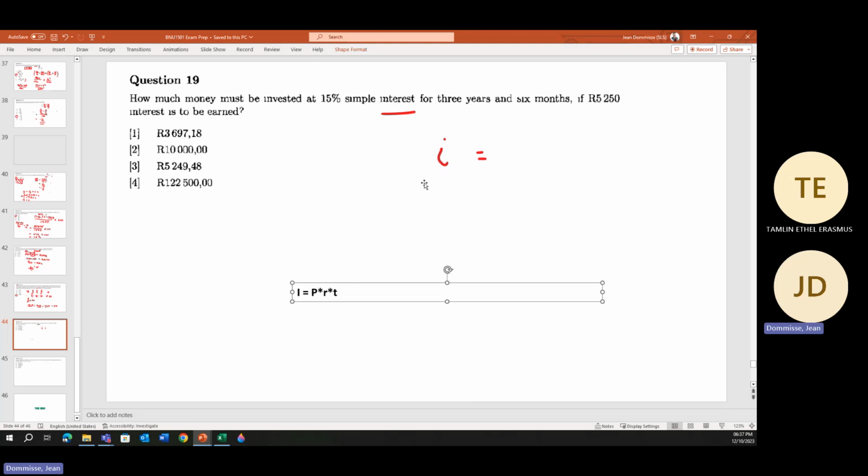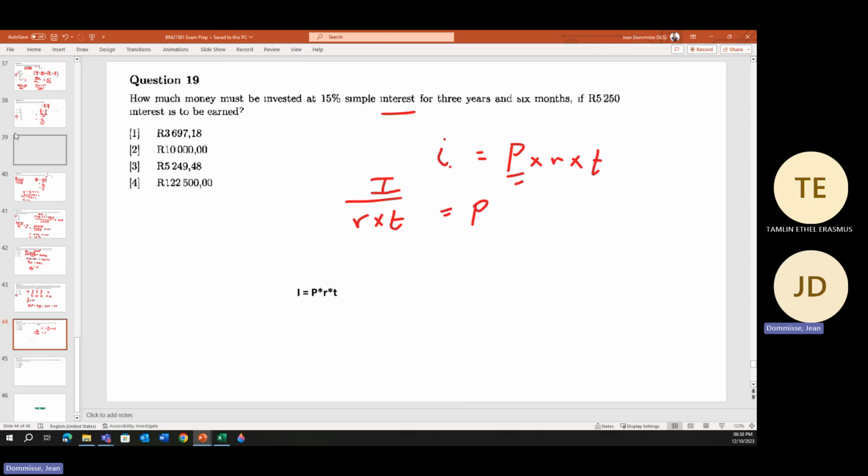The interest, they tell us, is P times R times T. So I need to get to the amount that must be invested. So interest divided by R times T will give me the P.